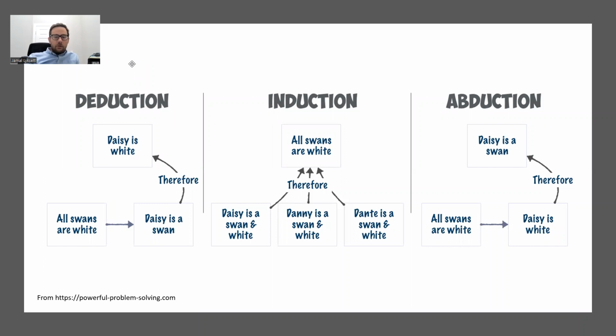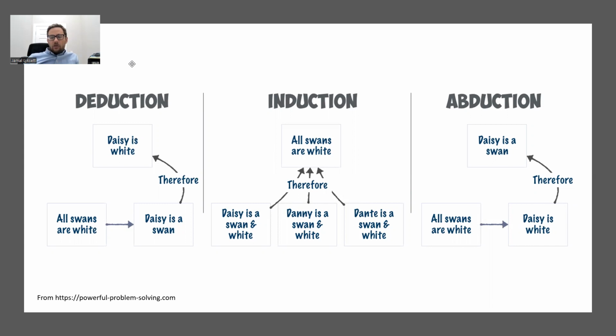Here's an example of these different types of arguments, right? All swans are white, Daisy is a swan, therefore Daisy is white. Inductive, Daisy is a swan and white, Danny is a swan and white, Dante is a swan and white, therefore all swans are white. Right? For abductive, all swans are white and Daisy is white. Therefore, Daisy is a swan.